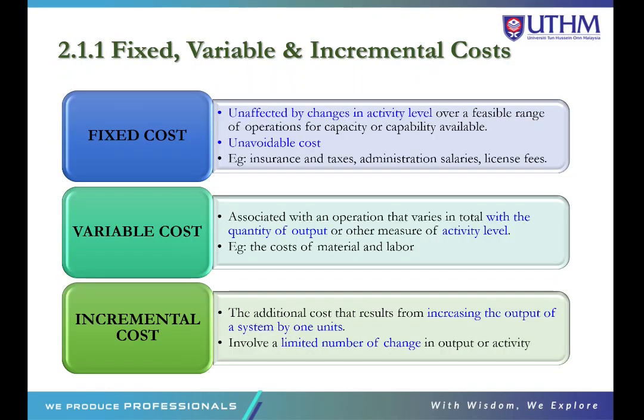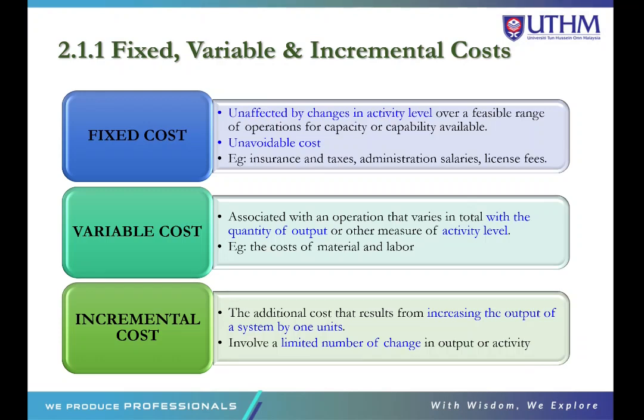For the first category, you need to firstly understand what is fixed cost, variable cost, and incremental cost. First one is fixed cost. It is unaffected by changes in activity levels over a feasible range of operations or capacity or capability available.